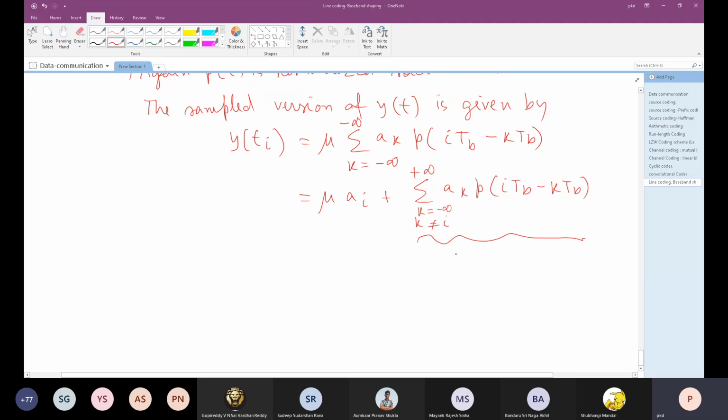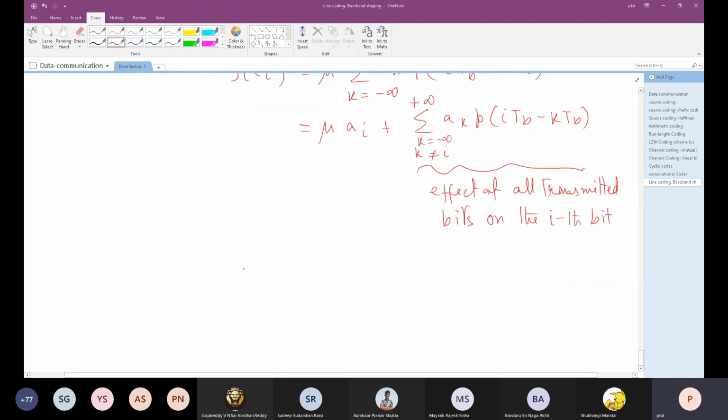But this term is coming due to the effect of all transmitted bits on the ith bit. This is known as inter-symbol interference.